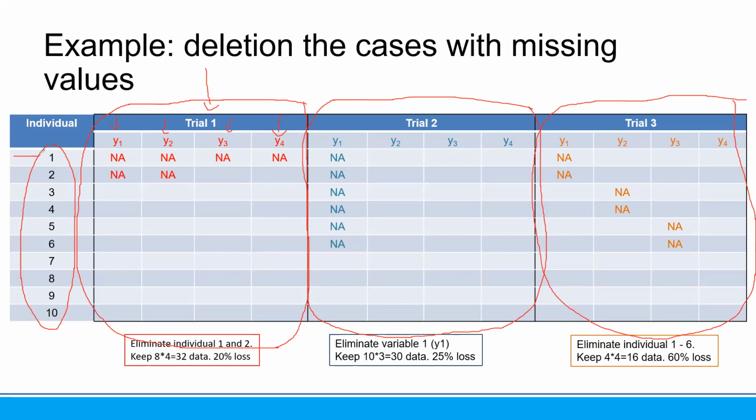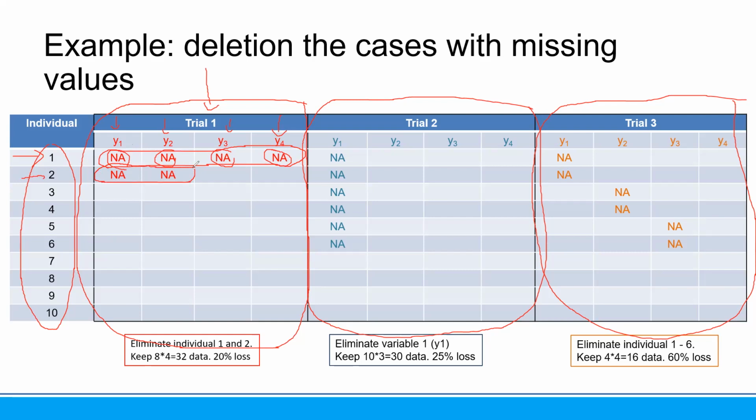For individual one, NA. NA means not available. NA, NA, NA. The individual one has no available data for all attributes. The individual number 2 has no available data on only 2 attributes.